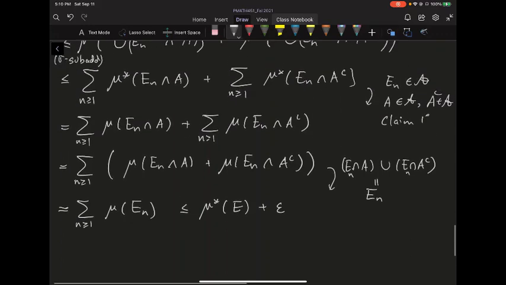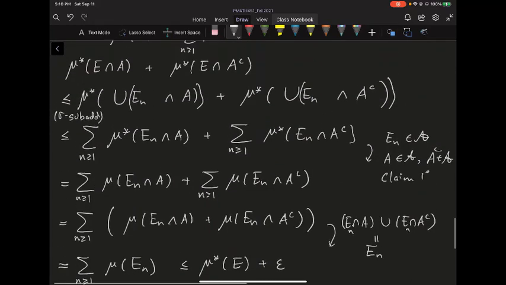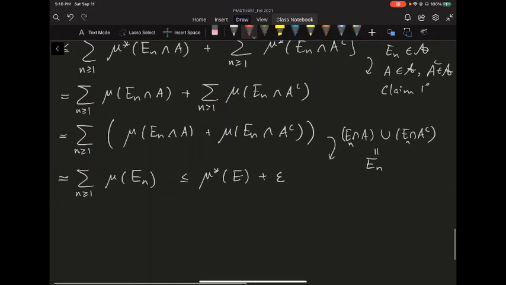Okay, so now let's see what we proved. Let's go back. We start from the left-hand side of our desired inequality: mu star of E intersect A plus mu star of E intersect A complement. And we proved that it's less than or equal to mu star of E plus some epsilon, where epsilon is arbitrary.